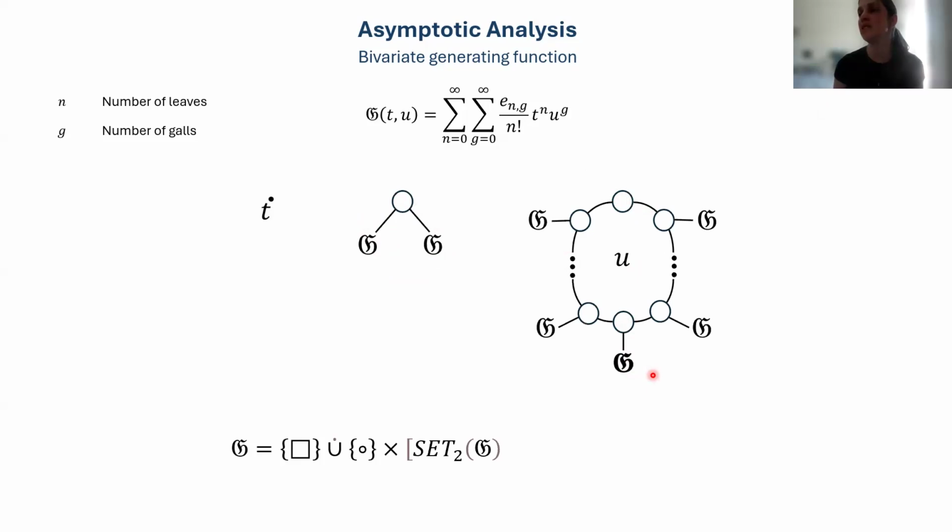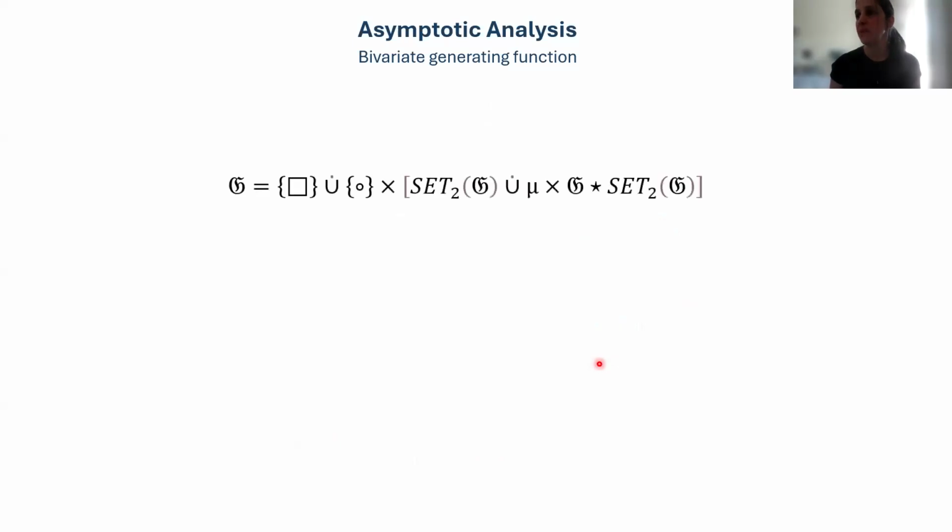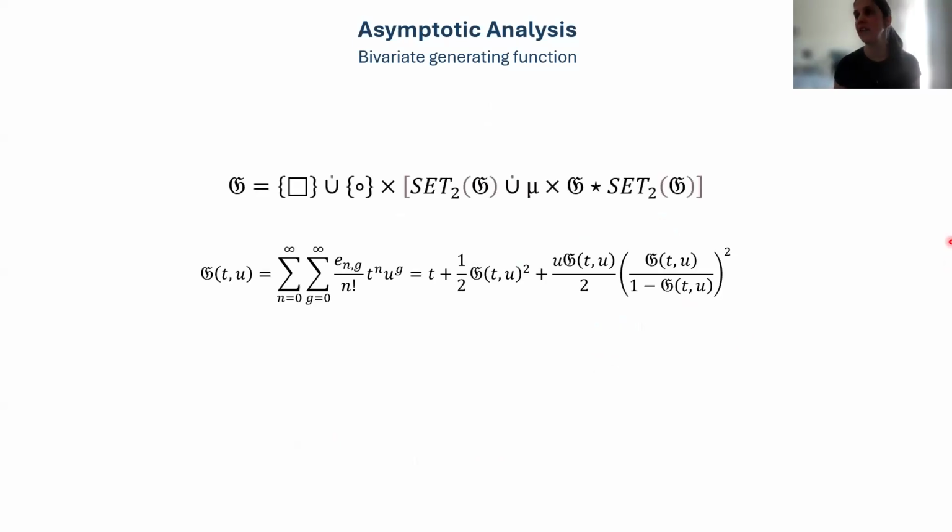Because of the time consistency condition, we must have at least one node on each side of the reticulation node, which is not the root. And we can have up to any number of nodes on each side of the reticulation node, and from all of them come subtrees, which are themselves time-consistent gold trees. And from this, we can get the bivariate generating function.